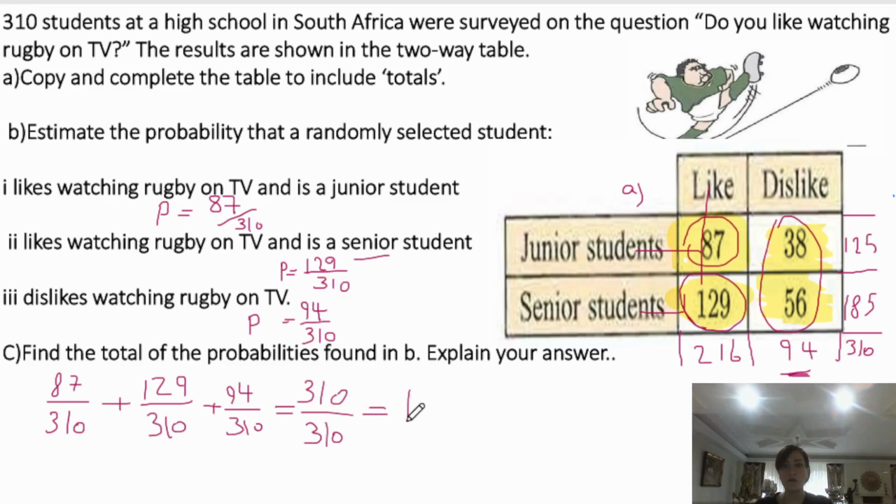We know probability is always between 0 and 1. 1 is certain and 0 is impossible. So the probability here is 1 if I add them up. That means part B covers all the possible outcomes.